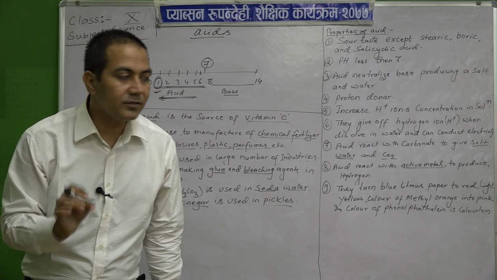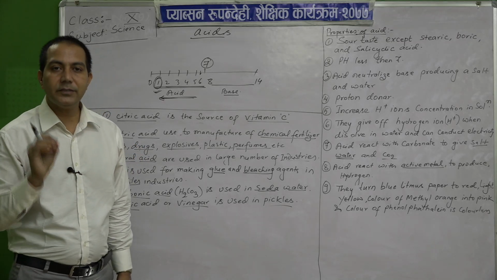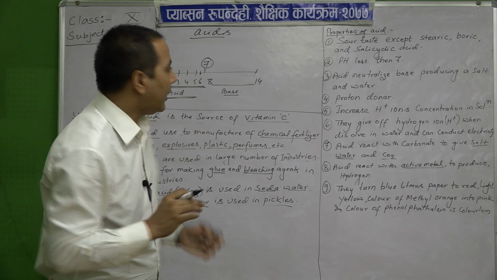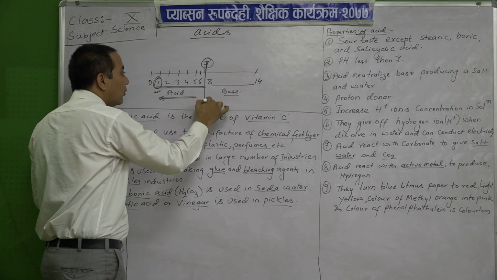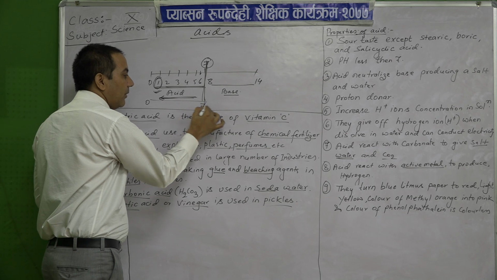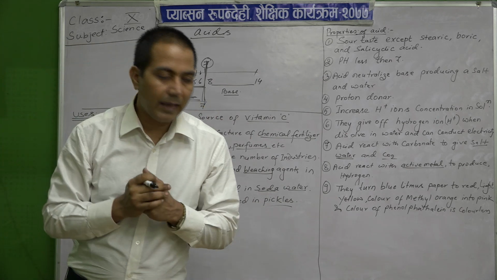Higher concentrations of the acid will fall at a lower pH. We have to understand this one. So another property is that the pH will be in between 0 to 7.